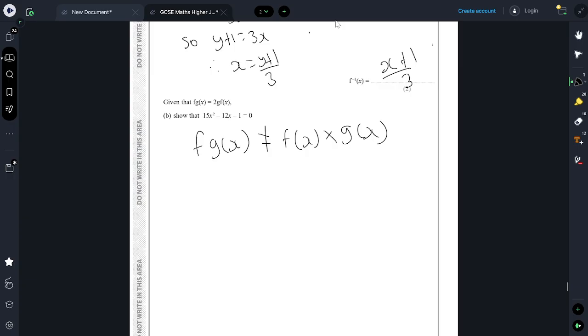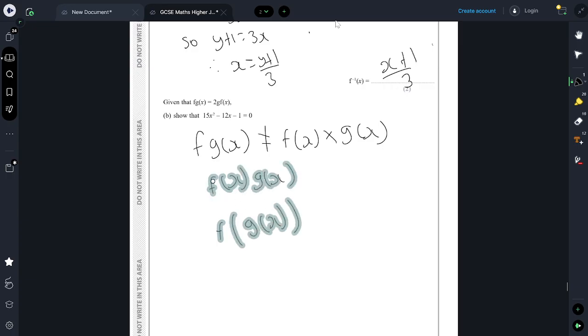If you wanted to show times, you'd write it as f of x, g of x, not f of g of x. Because there's missing brackets here, it should really be f of g of x. That's what fg of x is saying, not your times in them.